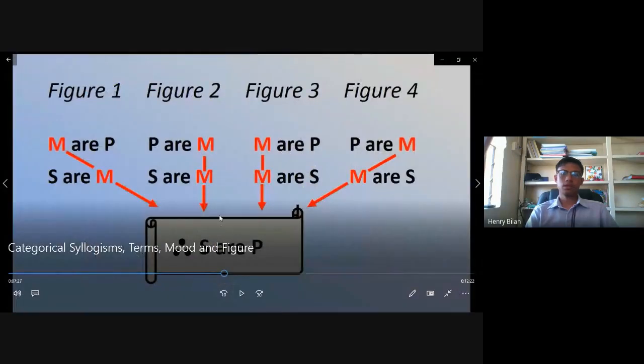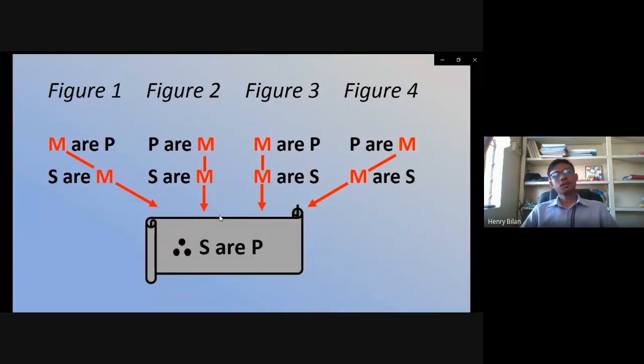So, in the proposition, we have the subject and the predicate, as I have said. And in the premises, we can find the middle term. Now, where is the middle term located? In the premises.